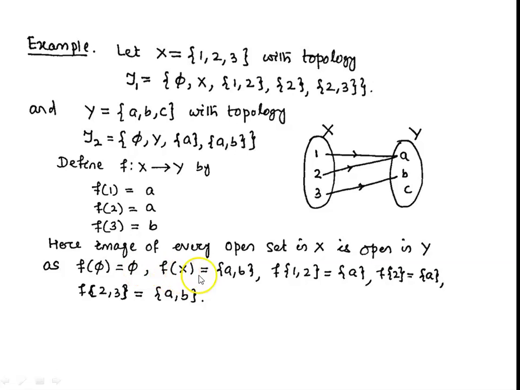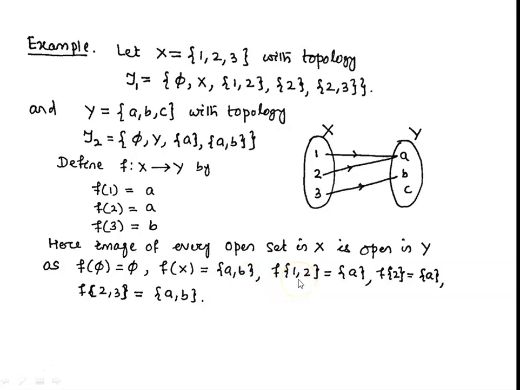F of the whole space is {A, B}, because if we take image of {1, 2, 3}, that is set containing 2 points A, B. And this set {A, B} is open in Y, because this is a member of the topology. So f of X is open.